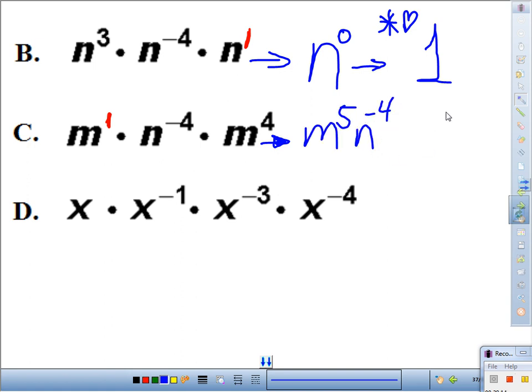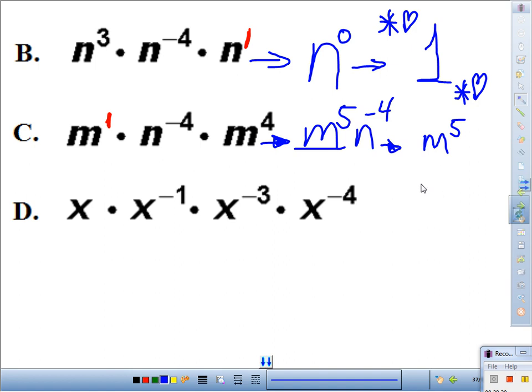All right, rule number 2. Put a little asterisk, heart. We cannot leave this with a negative exponent. What do you mean, Mr. Q? Well, first, let's write whatever we have in positive exponent. I'm going to write m to the 5th. Do you agree that m to the 5th has an invisible 1 underneath to make it a fraction? Yes.